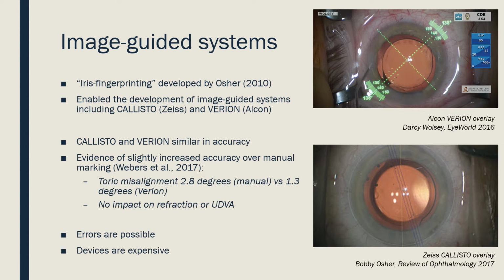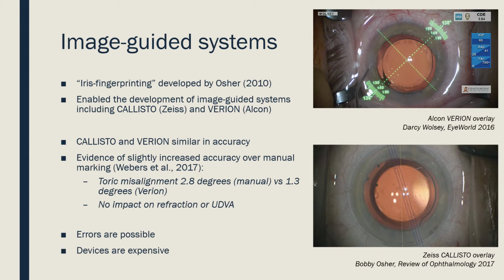In this study from 2017, they found that the toric misalignment was 2.8 degrees on average with manual marking, compared with 1.3 degrees with the Verion, although this had no impact on either postoperative refraction or unaided distance acuity.